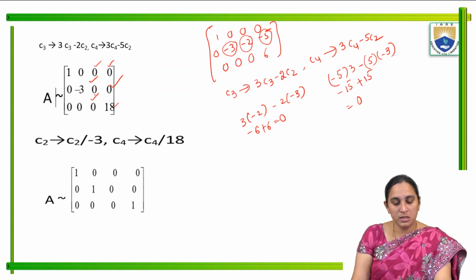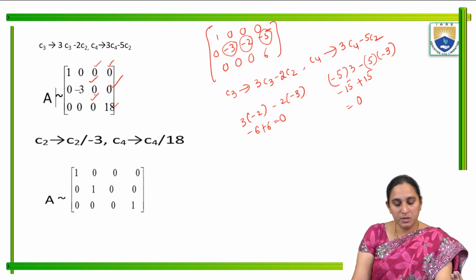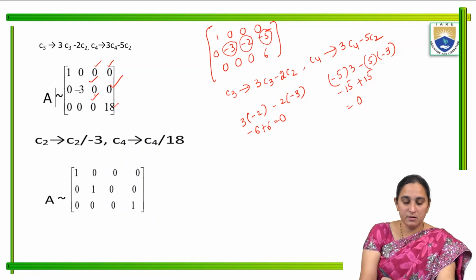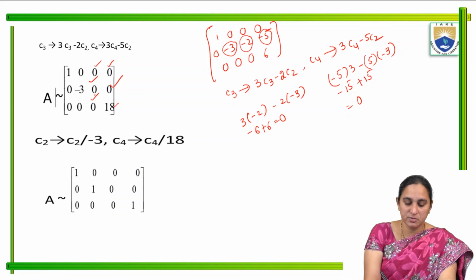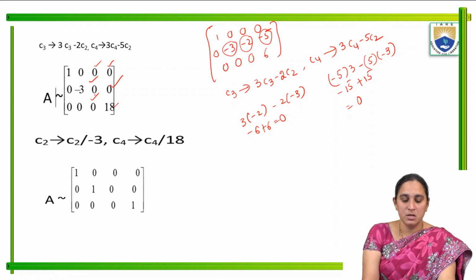Now observe in the second column and the fourth column, I'm taking common minus 3 from C2 and I'm taking common 18 from C4. That means C2 divides by minus 3 and C4 divides by 18. Then after taking common, the matrix will reduce as 1 0 0 0, 0 1 0 0, 0 0 0 1.